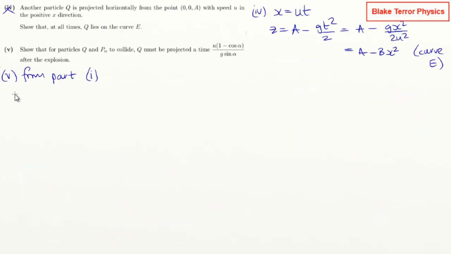Okay, so copying across that equation, putting in what A and B are, I've got gt squared cos squared alpha over 2 minus gt squared over 2 plus tu sine alpha minus u squared over 2g equals 0.